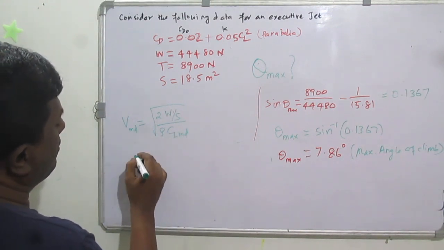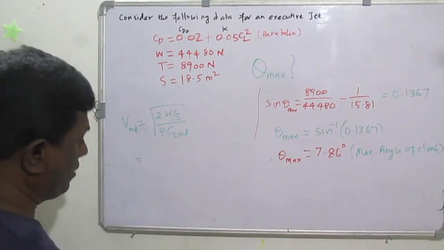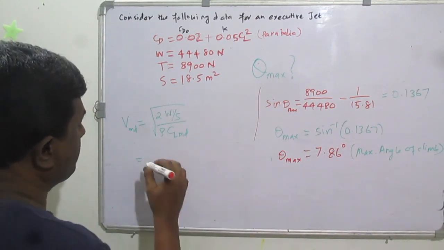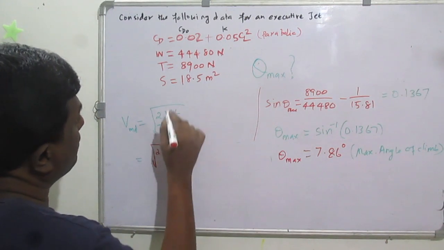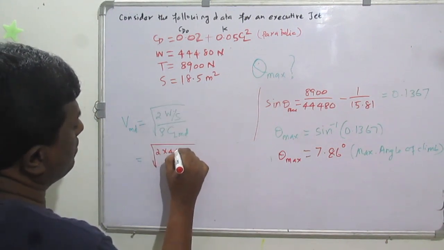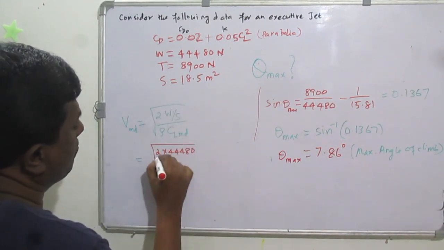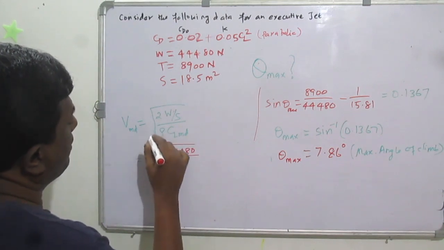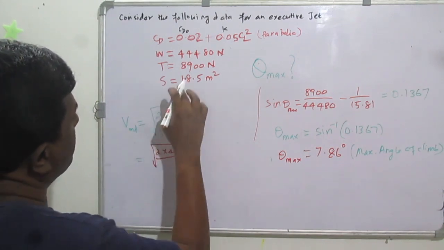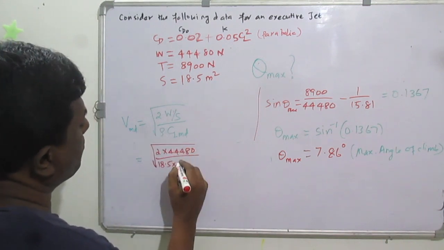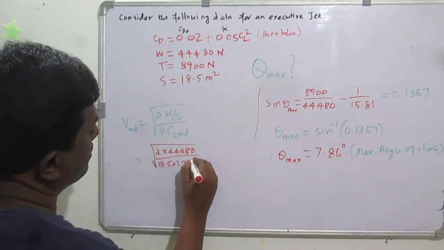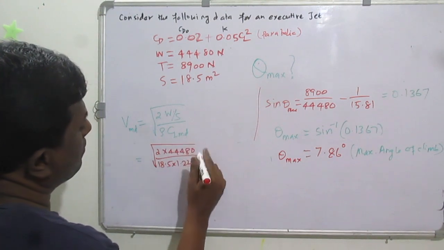Substituting the values: 2 into W, 44,480, by rho, S is 18.5, with rho at sea level conditions.